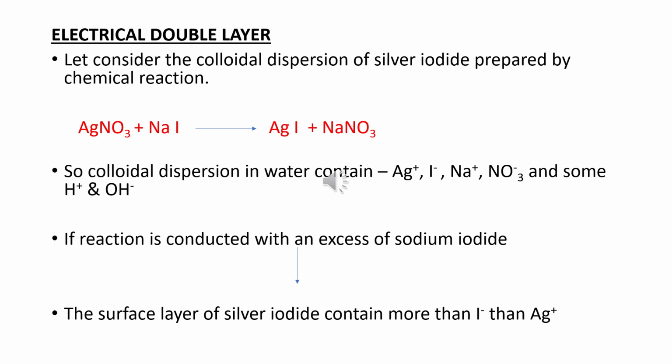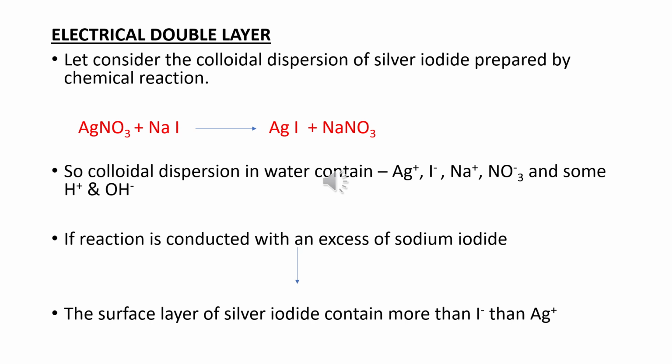If the reaction is carried out with excess sodium iodide, then more iodide ions are available. Iodide ions get absorbed on the surface of the silver iodide particles, and the particle surface becomes negatively charged.